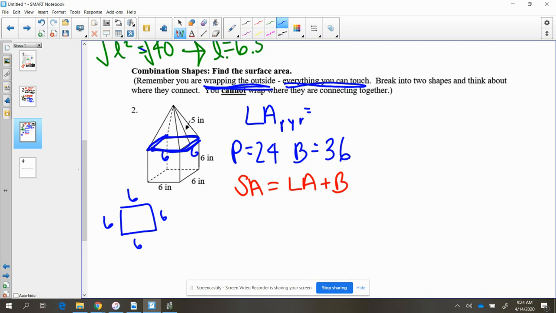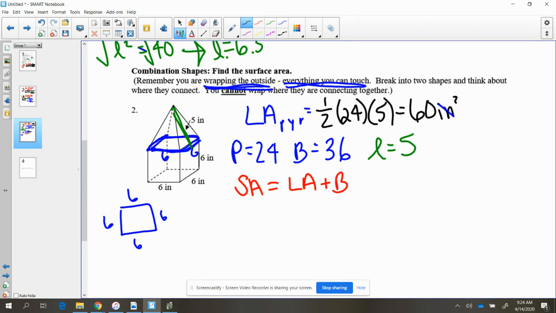The slant height, we were lucky enough to be given here. You don't have to use any Pythagorean theorem to find it. It is 5. So as we look for this lateral area, it's 1/2 the perimeter of the base times that slant height. So we end up with 60 square inches to cover.